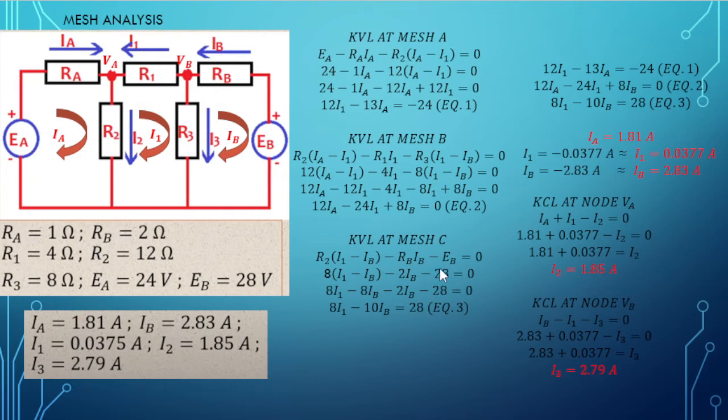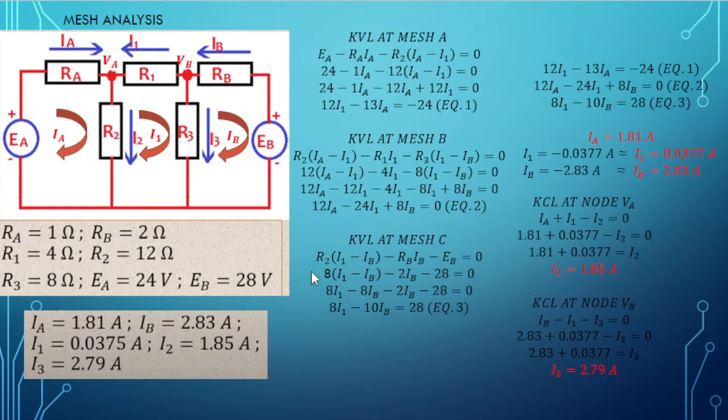So for mesh C, this is our mesh C. So we have here R2 times I1 minus IB, then minus RB IB minus EB equals 0.